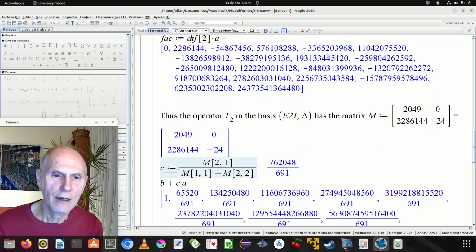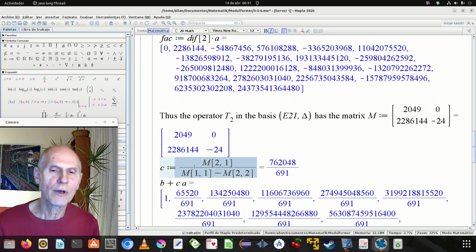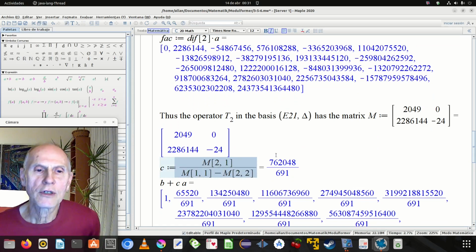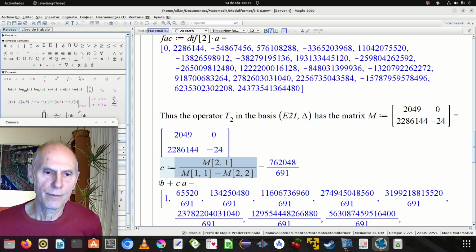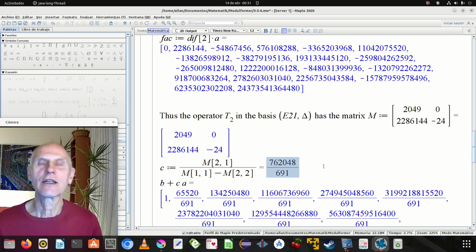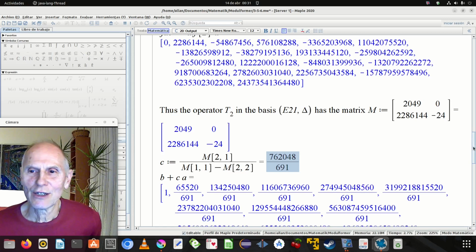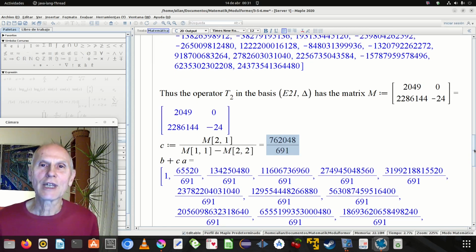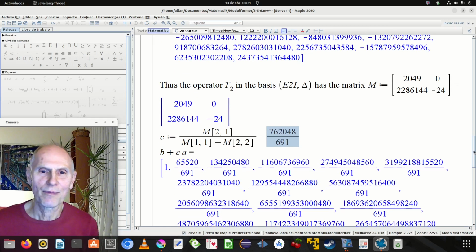And then I did a little work to find a formula for the coefficient so that E21 plus c times the delta function is an eigenfunction. And when I saw that, I said, we knew that E21 was the eigenfunction. It's an Eisenstein series because it has the right coefficients.